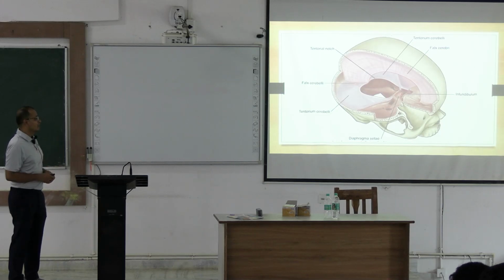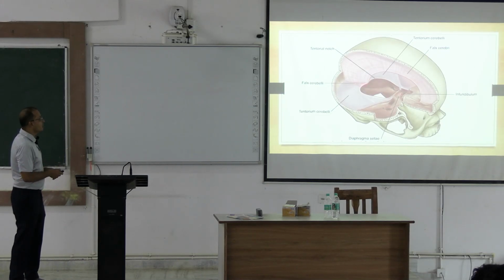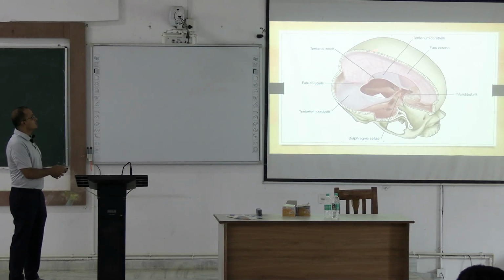This is another view, highlighting the disposition of the transverse tent-like Tentorium cerebelli. What you are seeing here is the Falx cerebri, and under it, not seen here, is the Falx cerebelli, the narrow strip, and in between them we have this tent, the Tentorium cerebelli.